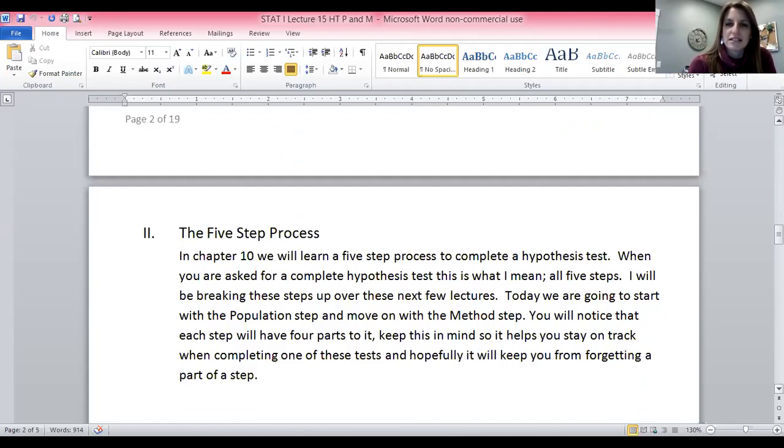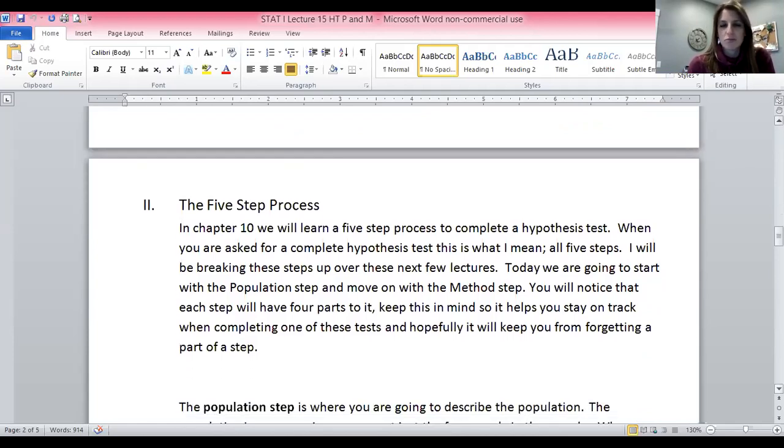So that's about the ideas. Now my 5-step process, okay? In Chapter 10, we're going to learn a 5-step process. I use this 5-step process all through the rest of this course, and I use it all through Stat 2. The 5-step process is supposed to help guide you, to talk about and understand what we're studying and what we're trying to do.